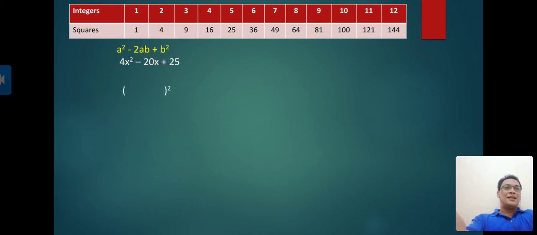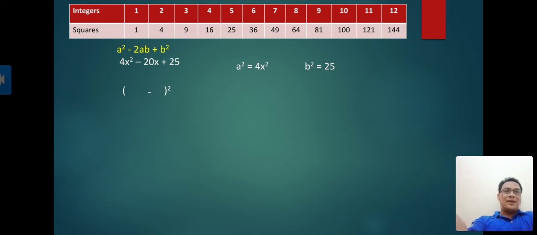So that is your first step: parenthesis, squared, then copy the sign of your second term. This time, the sign of the second term is negative, so that will be negative. Then get the square root of your first term and your third term.